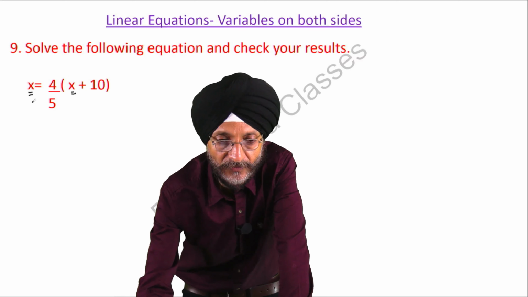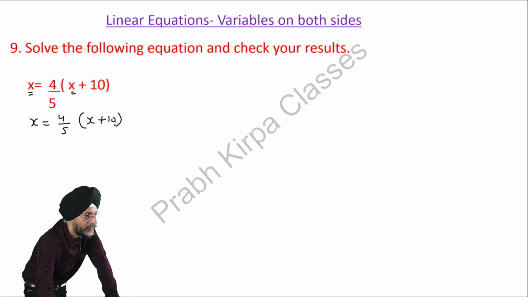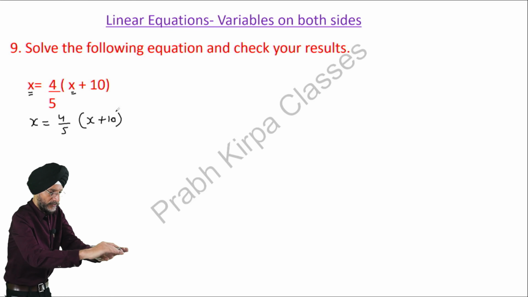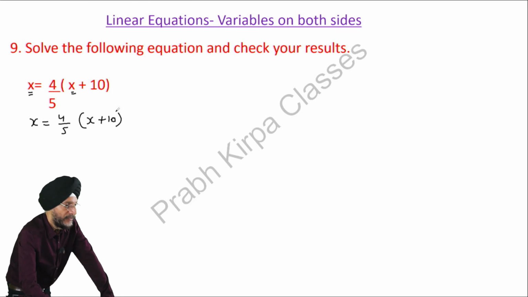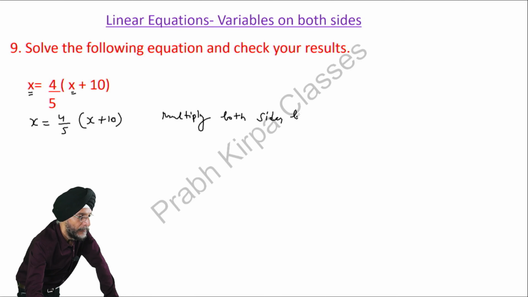So, we will first write this as it is, x is equal to 4/5 into x plus 10. To solve this, the next step is that we may multiply both sides by 5. Why?